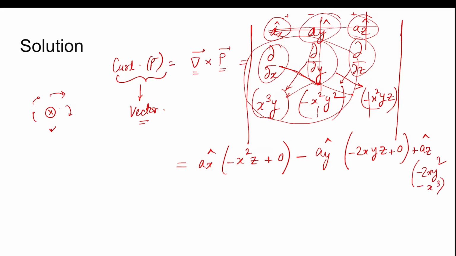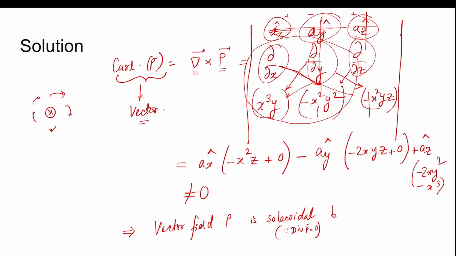Now, as you can clearly see, this will not be 0. So vector field P is solenoidal, from the previous result of the divergence being 0, since divergence of P equals 0, but it is not irrotational, because if it was irrotational it would have no rotational tendency and the curl would have been 0.